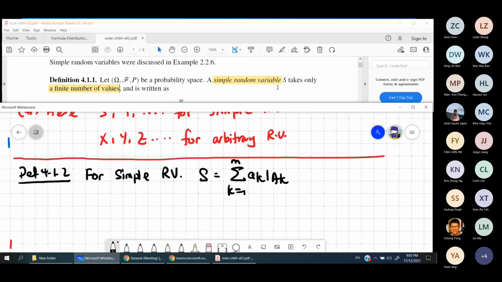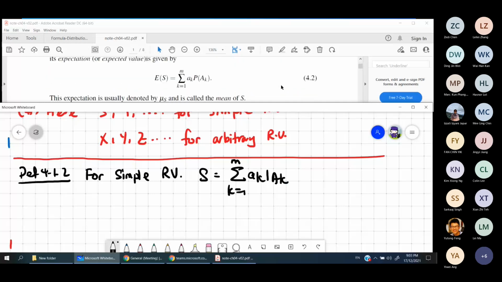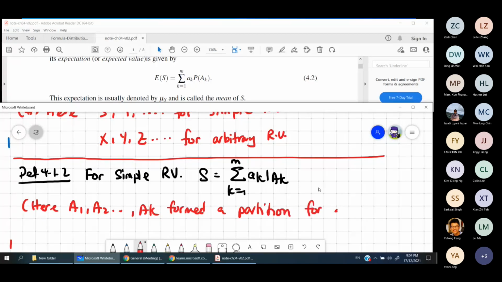For a simple random variable, we can write this. And I want to take notes here: A1, A2 up to AK form a partition for omega. I believe now you know the meaning of partition. There are two properties. First, they must be disjoint. Secondly, the union of them will be omega.